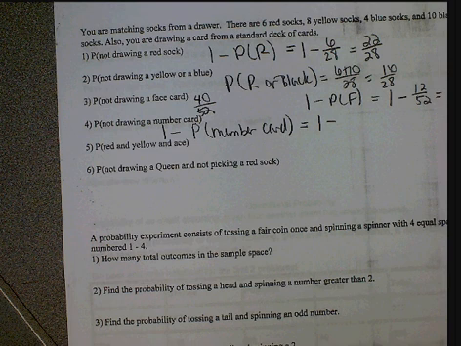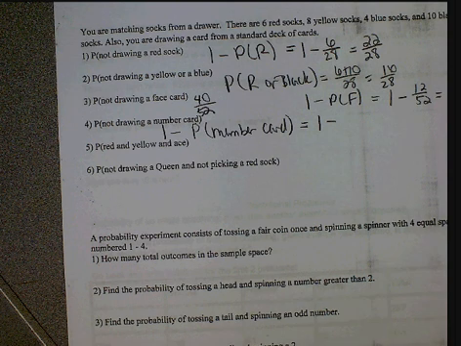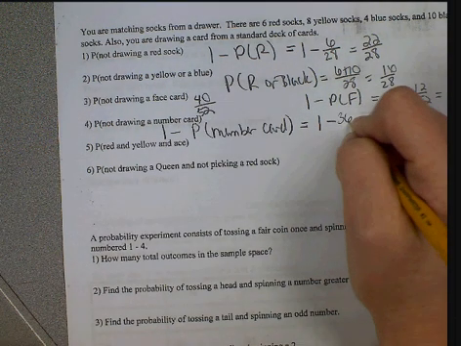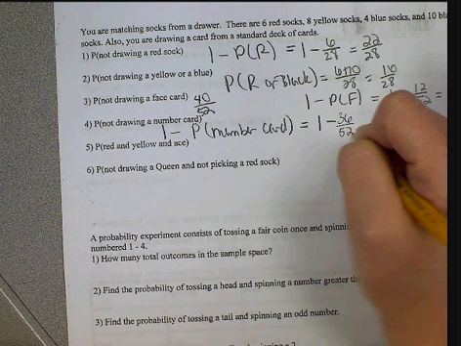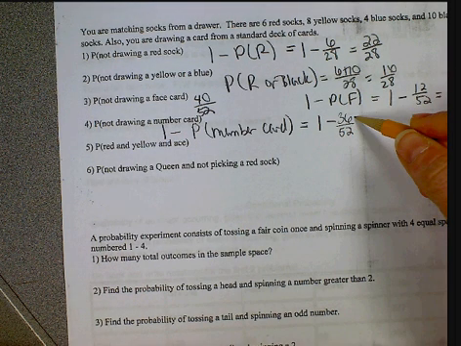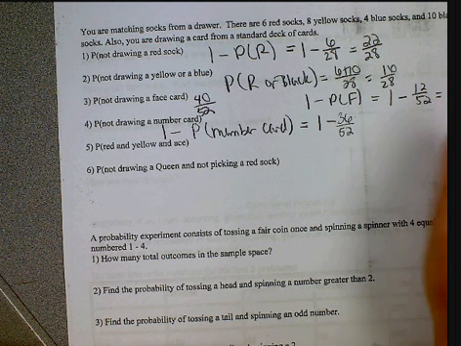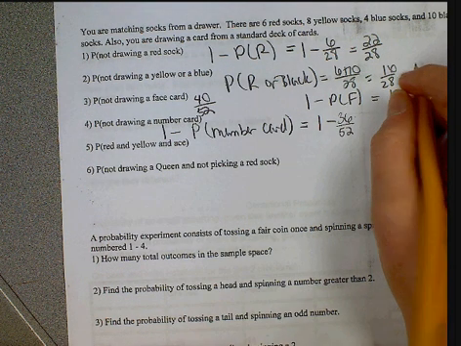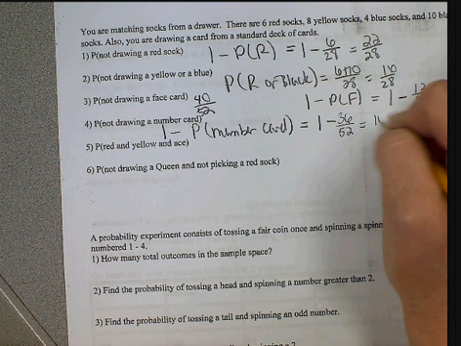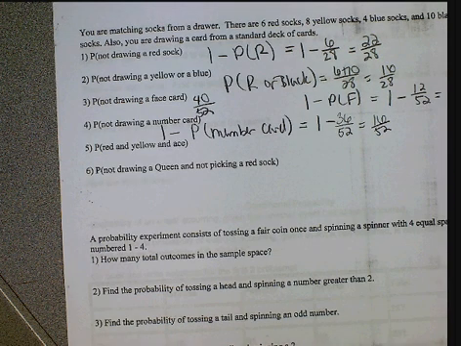Your number cards are 2 through 10, and you have those for each suit. So there are actually 36 number cards, 9 in each suit, so 9 times 4 is 36. So here it's 1 minus 36 over 52, which would be 16 over 52.